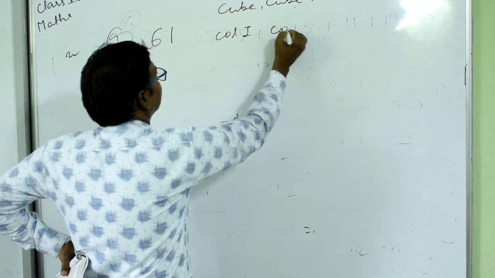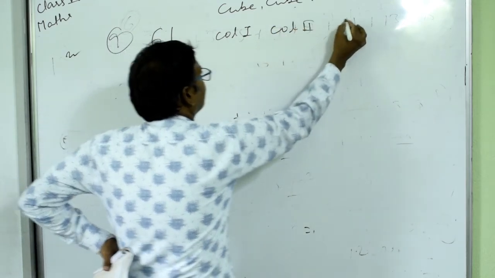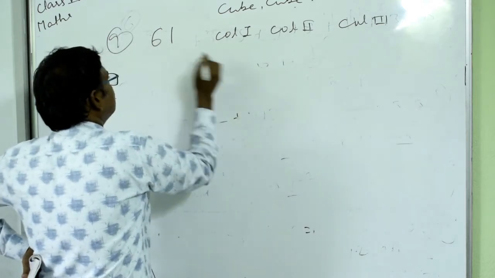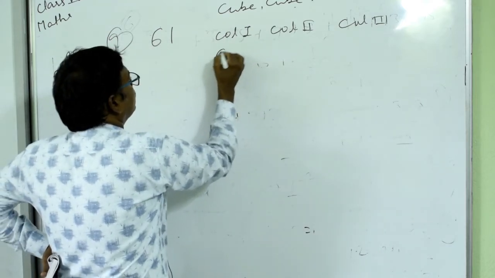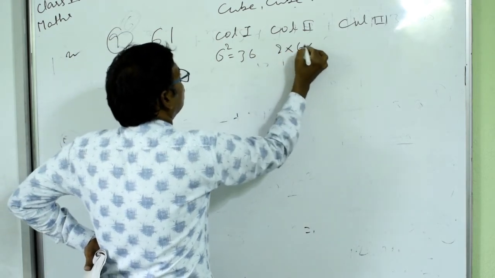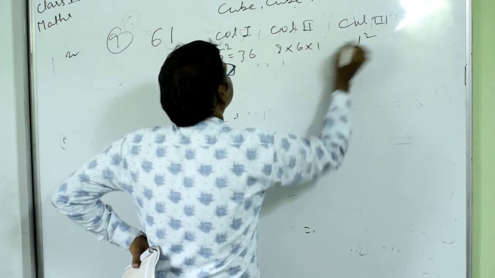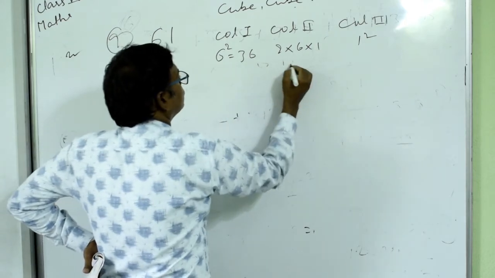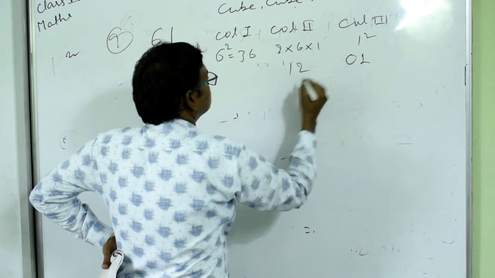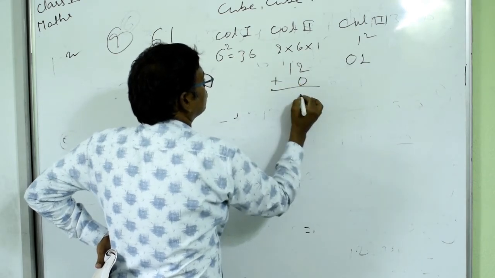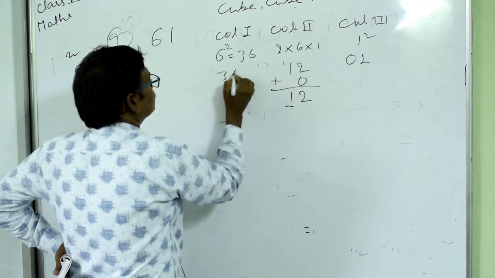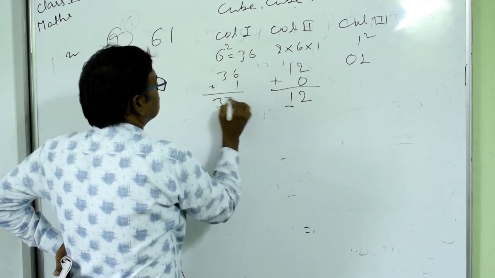Column 1, so you have 6 here, so write 6 square equal to 36 here, and here write 2 into 6 into 1, and here write 1 square. So it is 6 twos are 12 and here 1. Because here 0 is there, add 0 in this case, so you have 2 and 1, and then carry this 2 to this side, that is 36 plus 1 equal to 37.